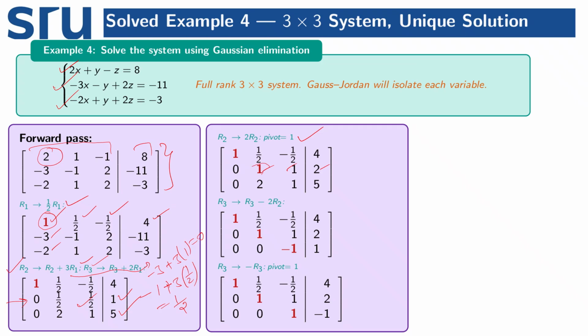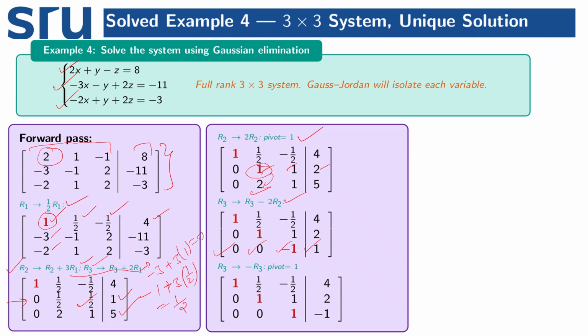Now our task is to make 0 below this pivot entry, that is this 2 should be 0 here. So we apply the operation row 3 minus 2 times row 2. The third row will become 0, 0, minus 1 and 1. Correct?